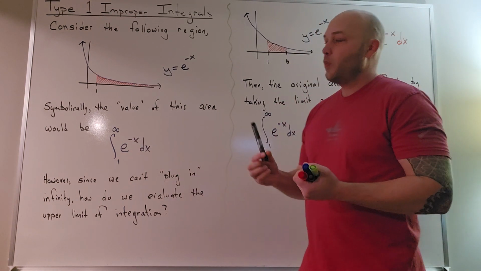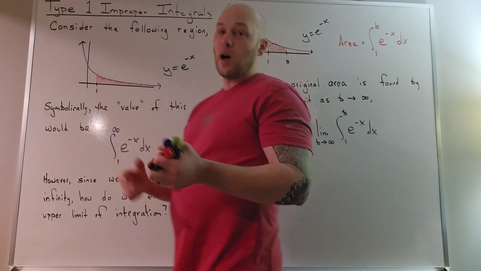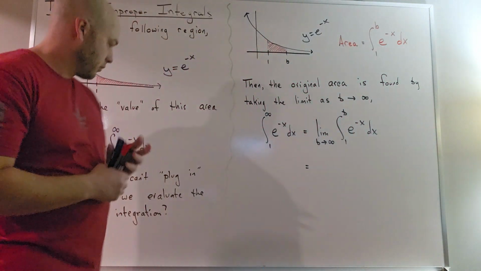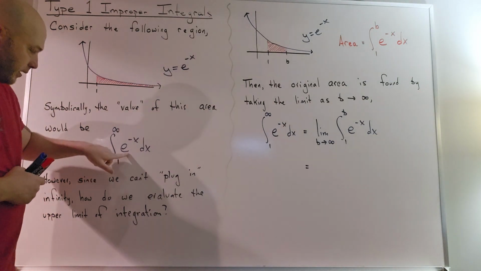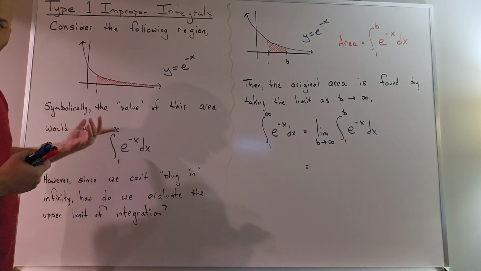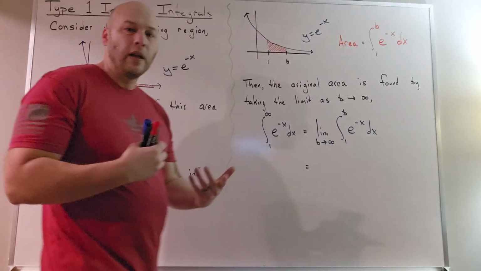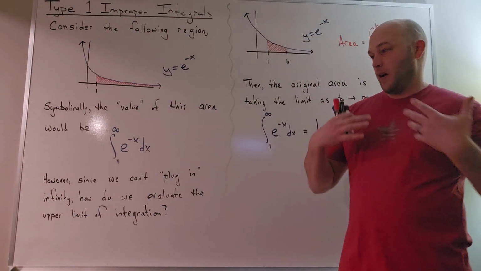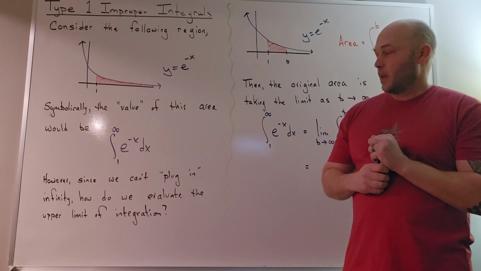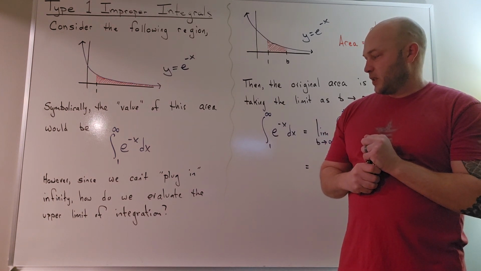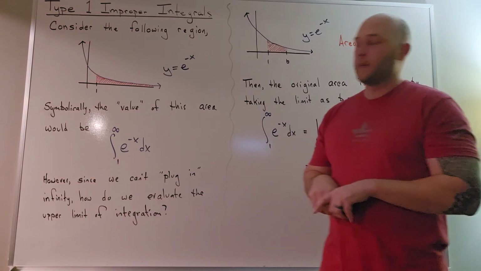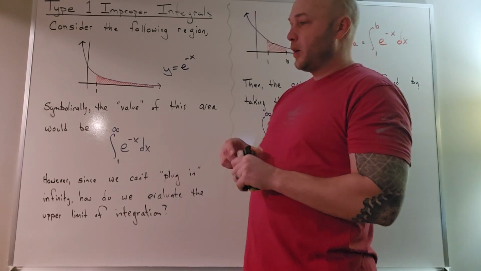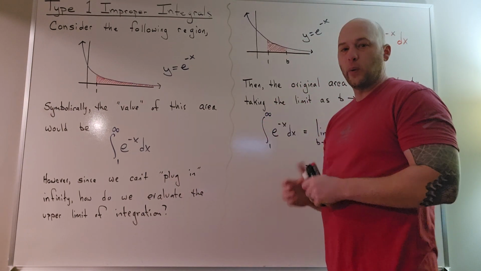Remember that when we evaluate an integral, we have to plug in the upper and lower limit of integration. Certainly, we can plug in a 1 to the antiderivative, but we can't plug in infinity. Infinity is a concept. It's not a real number, meaning I cannot evaluate with that. Well, let's see how we can get around that idea, how we could sort of evaluate with infinity.